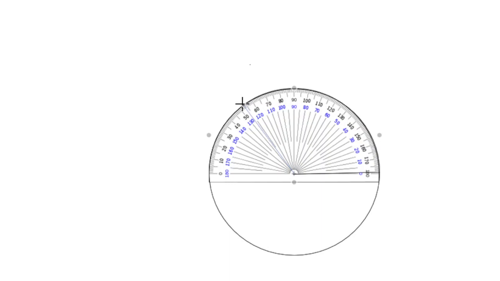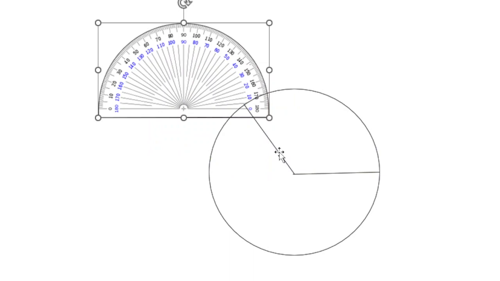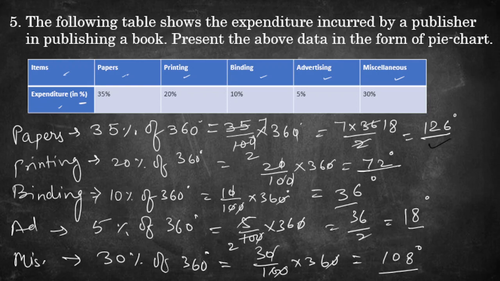Okay, so we'll draw 126 degree. Now you can see this is the last drawn line, so it will work as baseline. So first of all we will write here that it is 126 degree, and it is representing paper.